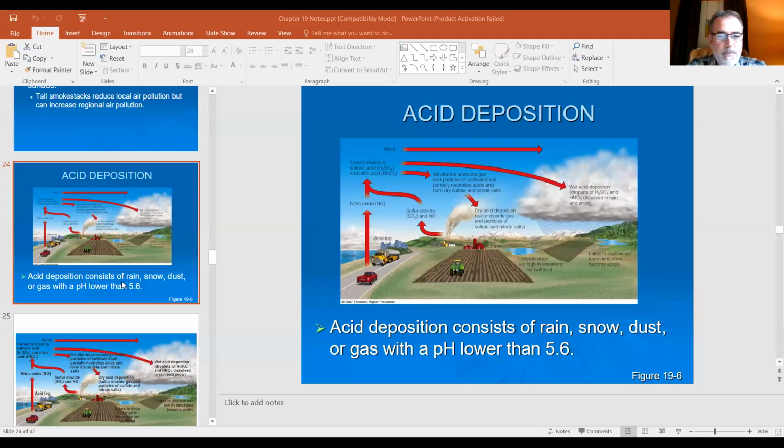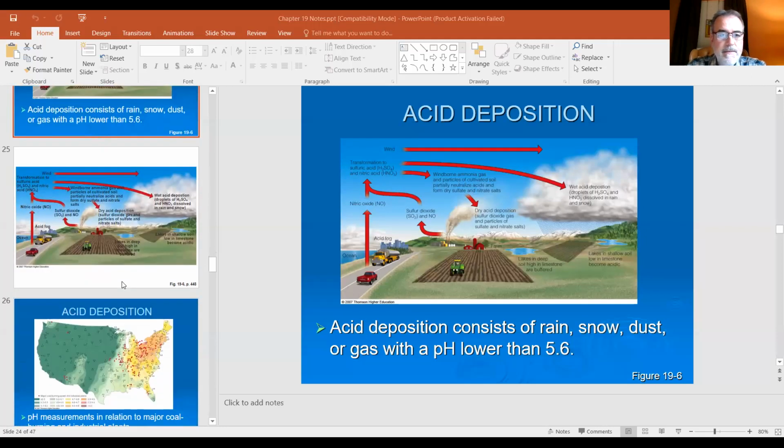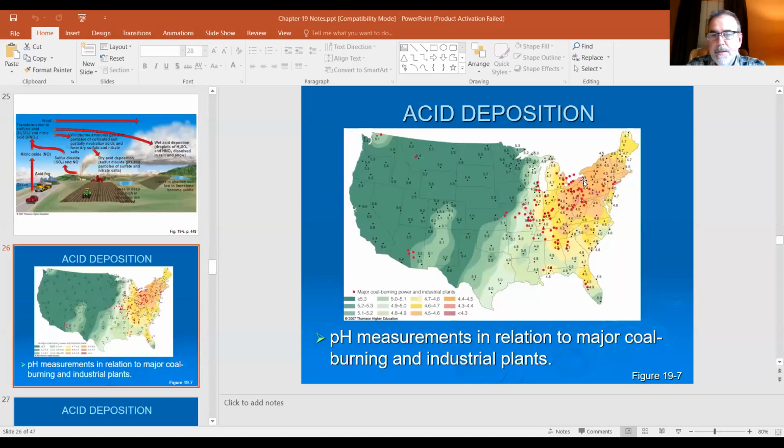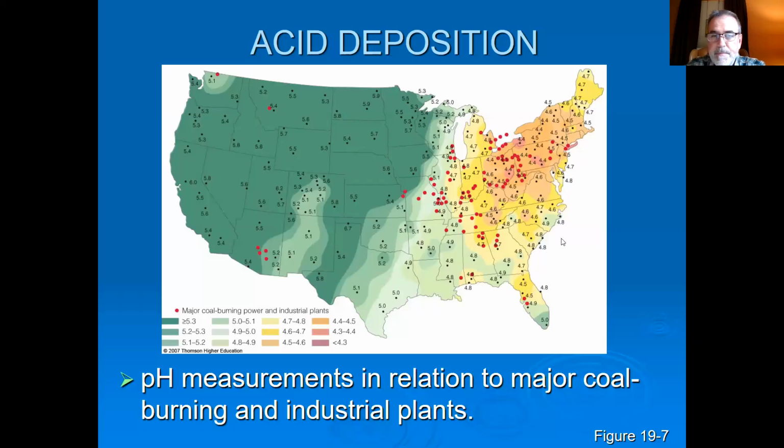And why is this a regional problem? Well, if we take a look right here, so we can see now the red dots, one second, make sure I have this here, right? The red dots are the major coal burning and industrial plants. And if you can see, maybe it's a little bit bigger here.